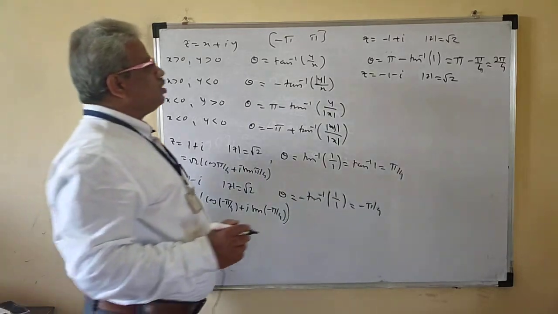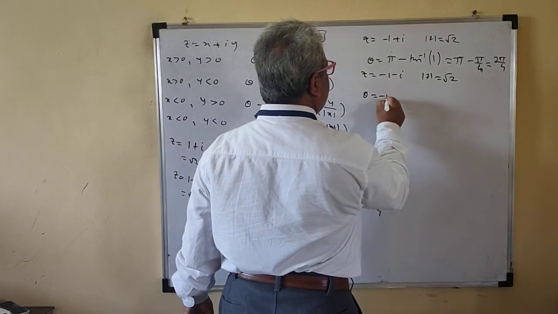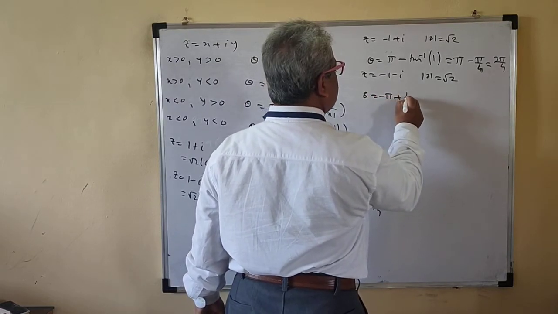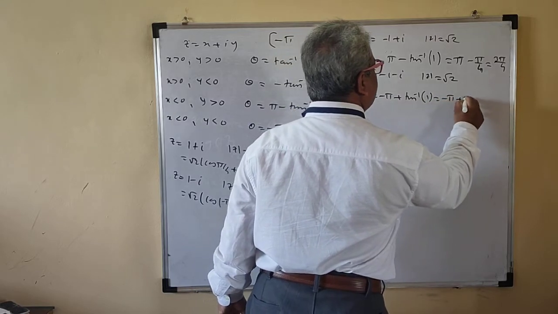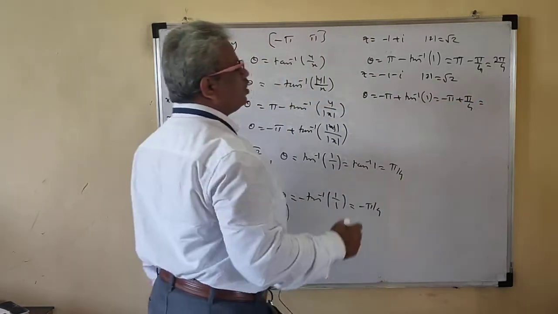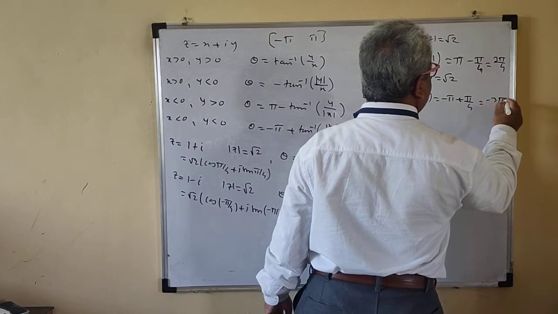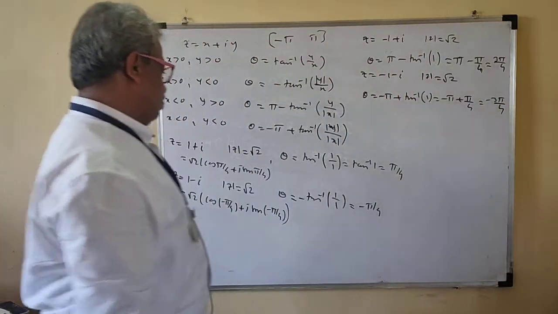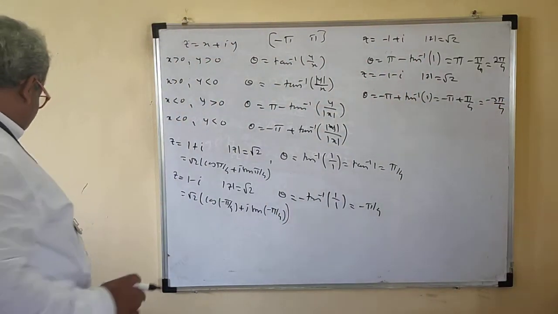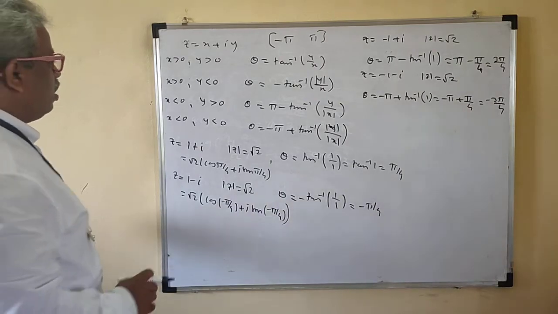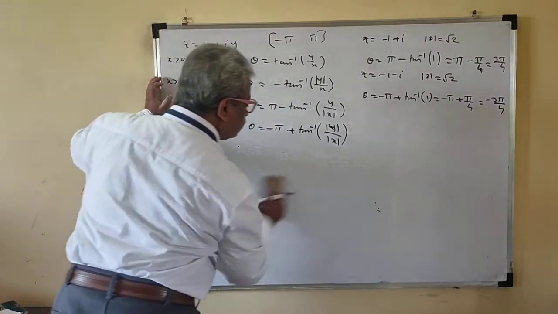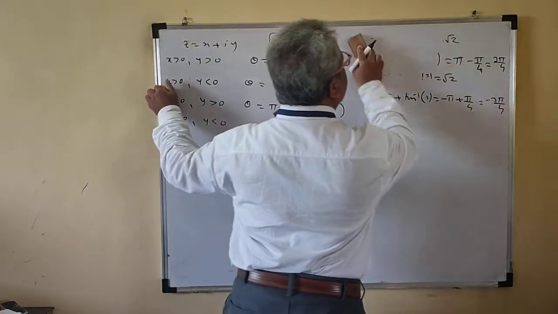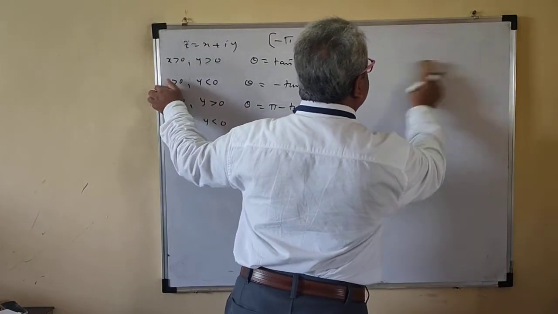Then theta is minus pi plus tan inverse of 1. So minus pi plus pi by 4, so this is minus 3 pi by 4. Okay, so these are the values of this. Similarly, suppose we will take one more example of this form.